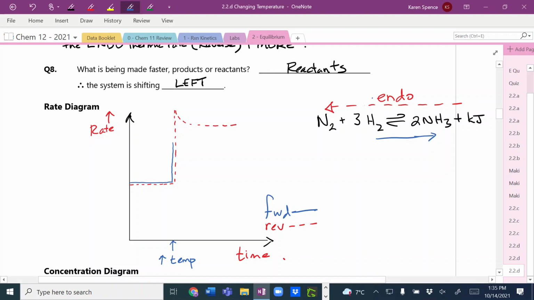And our reverse rate is also going to start curving with a steep slope at the beginning and getting more and more shallow until eventually it is also flat, and these two are once again equal to one another.